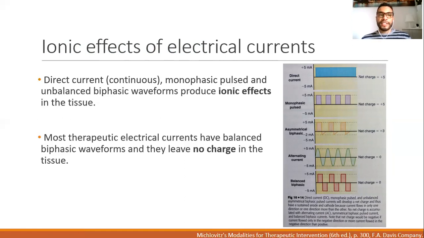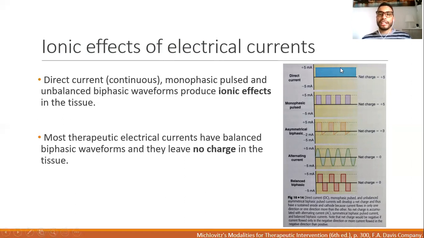So direct currents, the continuous or galvanic current, for example, represented here in blue, the monophasic pulsed and the unbalanced biphasic waveforms, produce ionic effects in the tissue, as you see here, because the flow is unidirectional, okay?